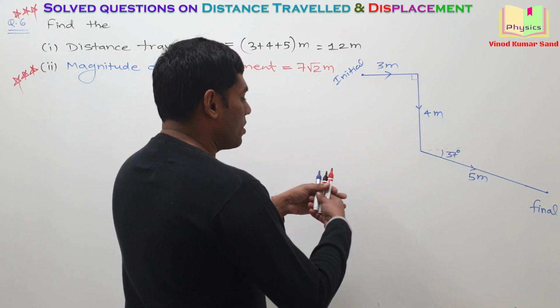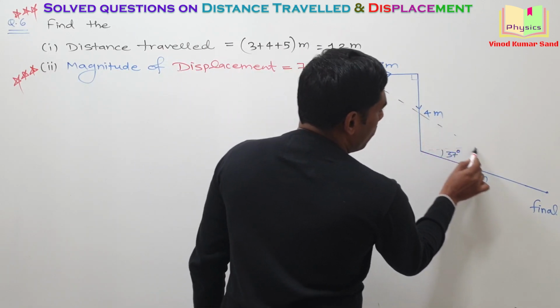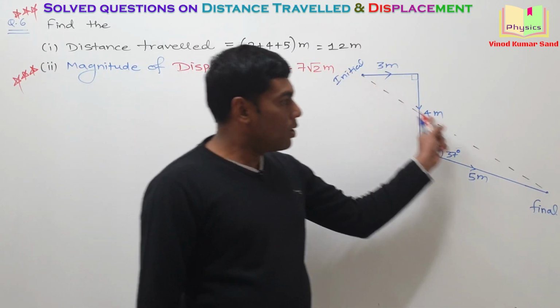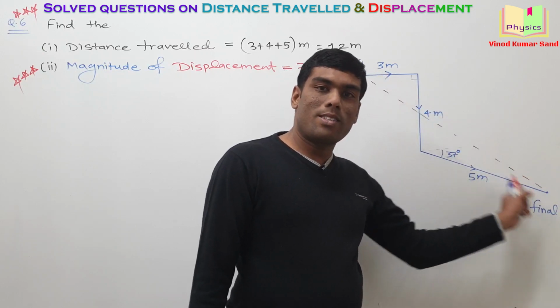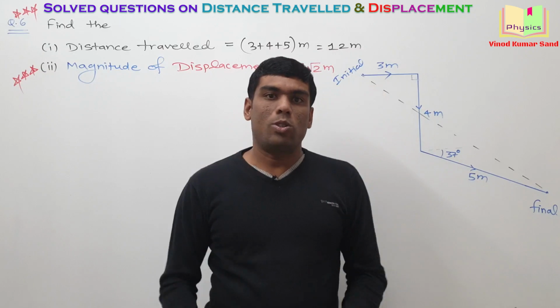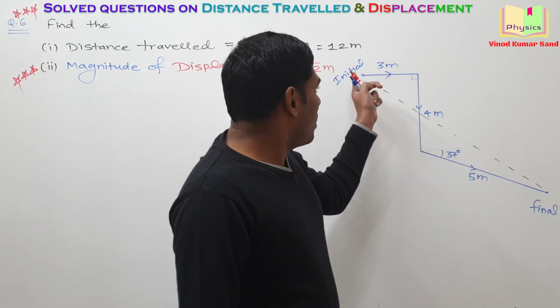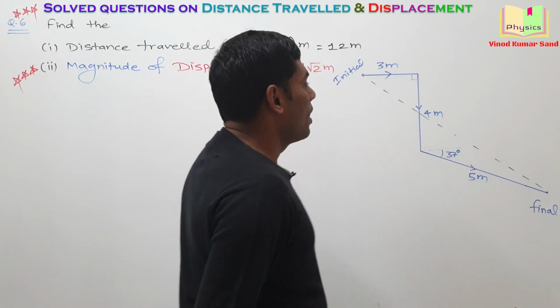What is the shortest distance between the initial and final position? For that, you need to draw a straight line like this. Getting my point? This straight line will give you the shortest distance between the initial and final locations.